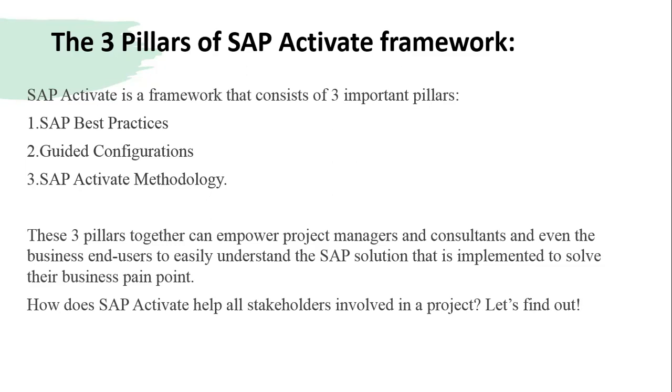These three pillars together can empower project managers and consultants, and even the business end users, to easily understand the SAP solution that is implemented to solve their business pain points. So everybody is involved in understanding. It's important for everybody, project managers, the end users, the business, the consultants, to actually understand these three pillars of the SAP Activate framework.